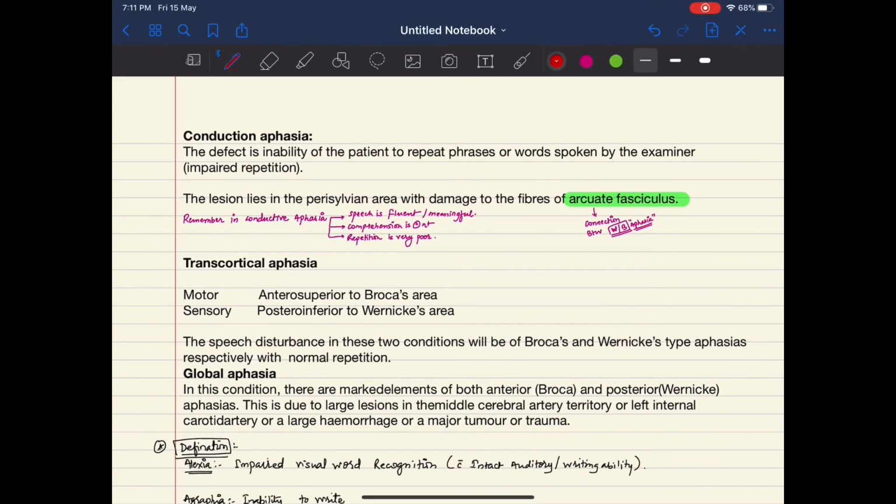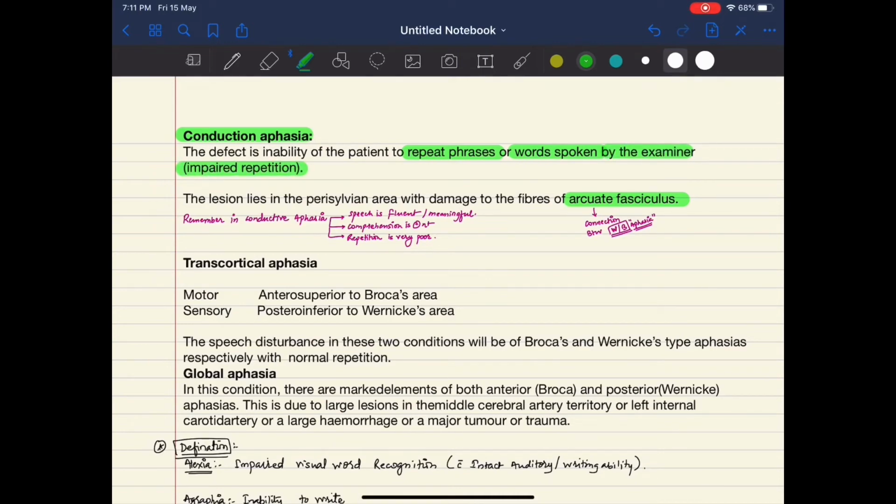So, quick revision of the same things. What is conduction aphasia? Conduction aphasia is nothing but the defect which leads to inability to repeat phrases or words which are spoken by the examiner, that is impaired repetition.